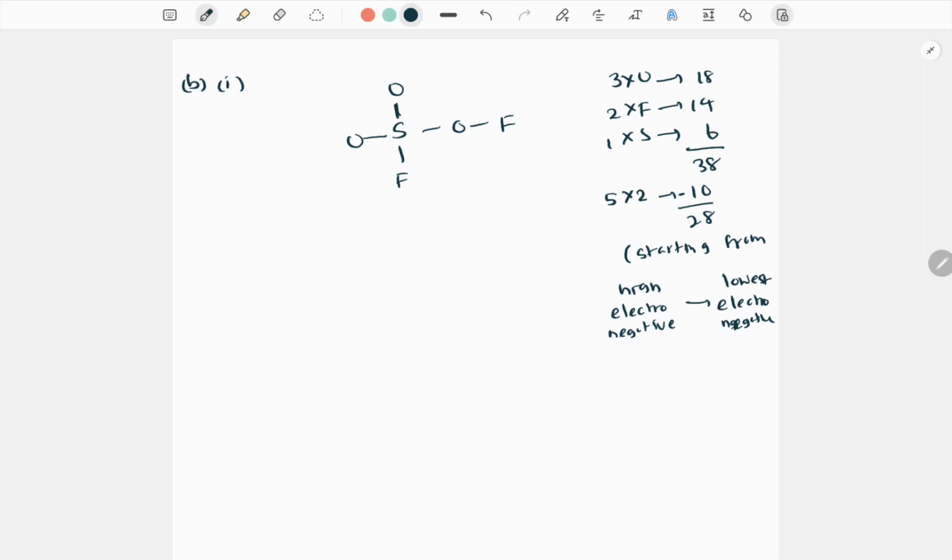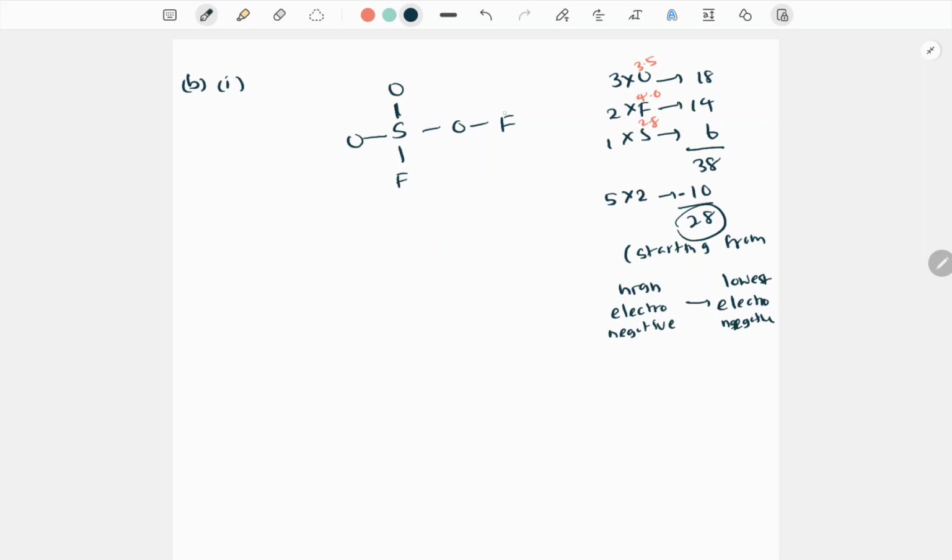Now what are the electronegativities of oxygen, fluorine and sulfur? Oxygen is 3.5, fluorine 4.0, sulfur is 2.8. The highest electronegative one is fluorine. Therefore, I am putting lone pairs on fluorine first. The 28 can be distributed.